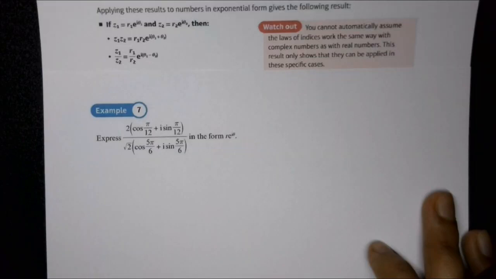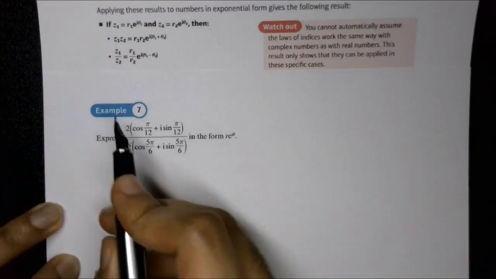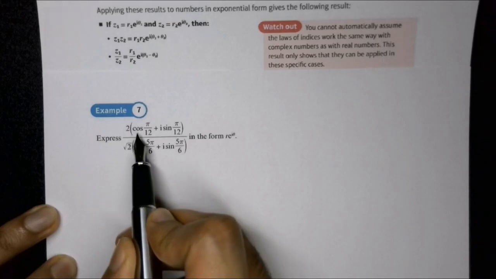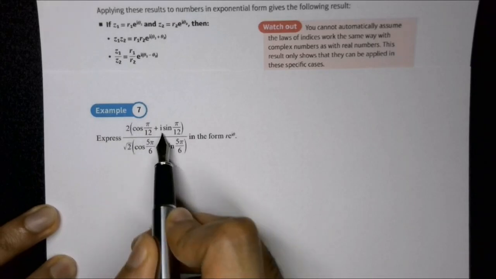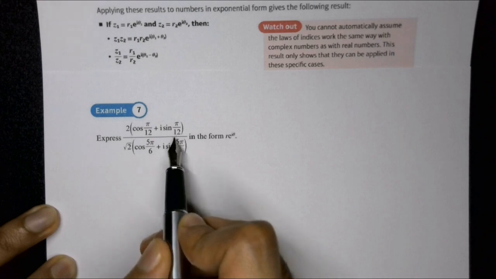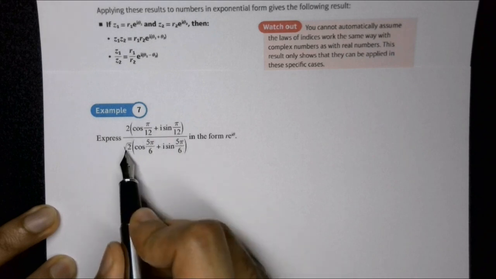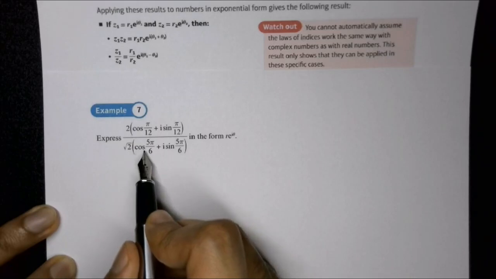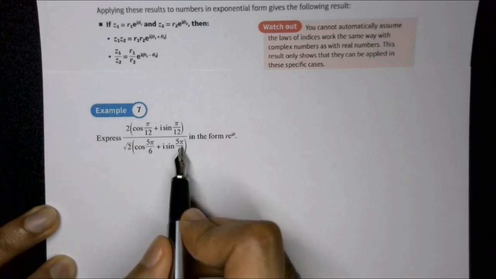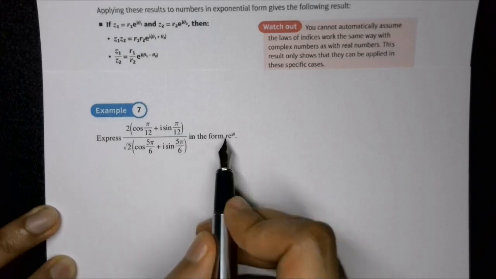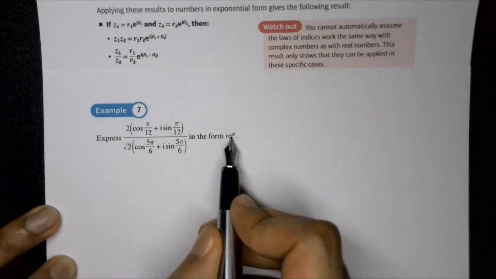Number 7, we have to express 2 times the cosine of pi over 12 plus i sine of pi over 12, over root 2 times the cosine of 5 pi over 6 plus i sine of 5 pi over 6, in the form r e to the i theta.